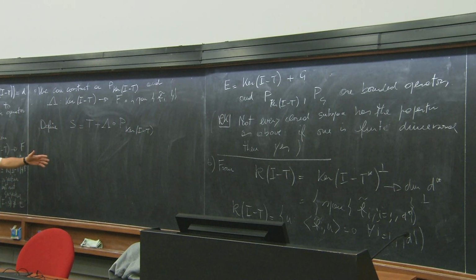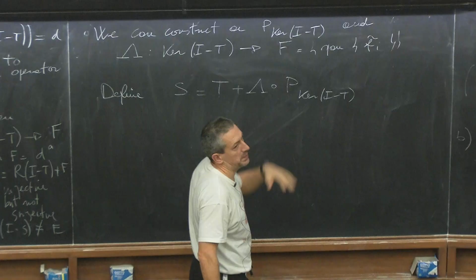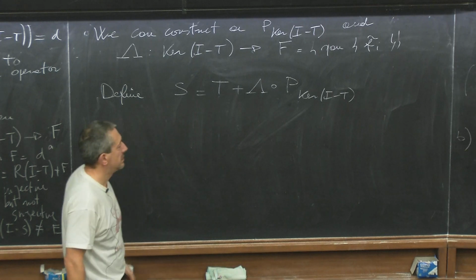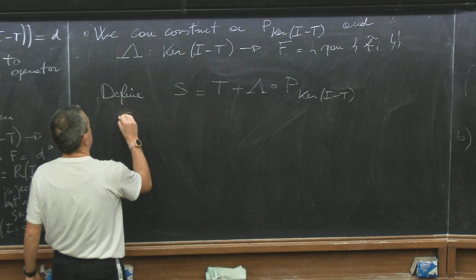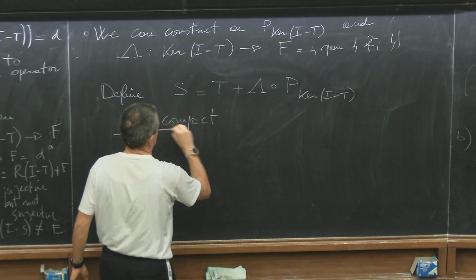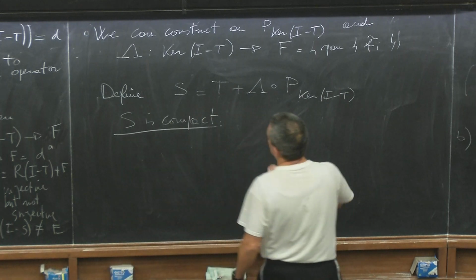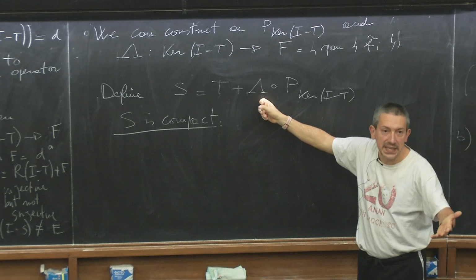So it's perfectly defined: T is defined, I project on the kernel and I map the kernel into this space here. Now I say that S is compact. Why is that so? T is compact and lambda is finite rank.